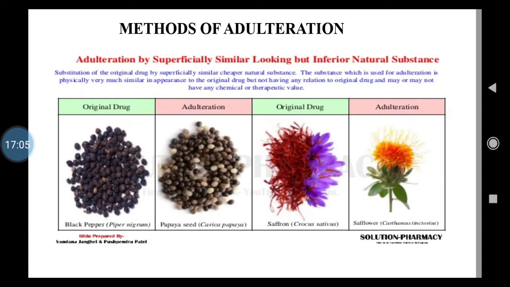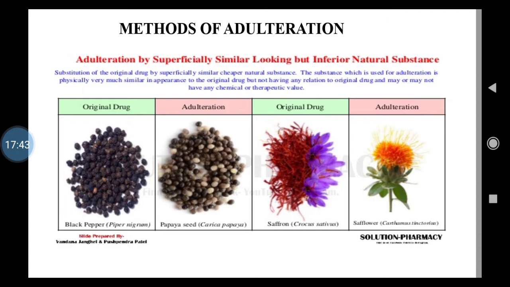It is a very expensive drug, Piper nigrum, and it can be adulterated with papaya seeds. You might have seen the seeds of papaya. If you don't know these seeds, you can bring home a papaya, cut it, and you will find black seeds inside. They can be used as an adulterant for black pepper.